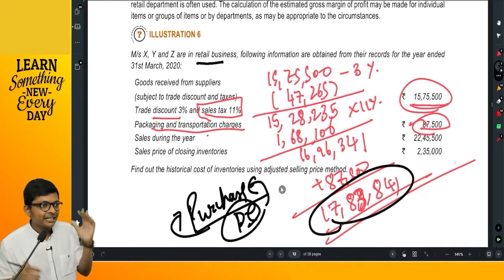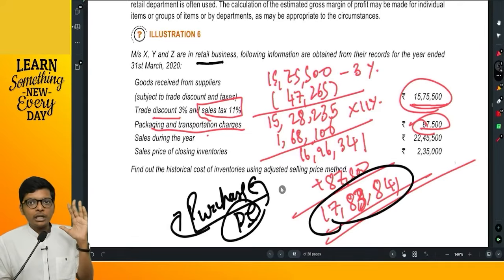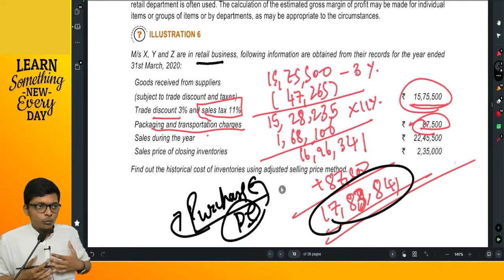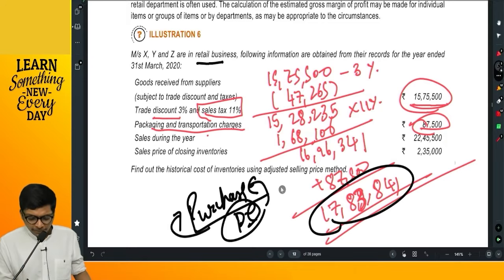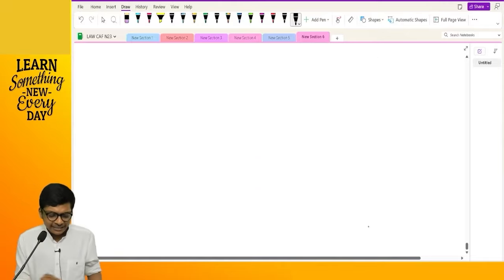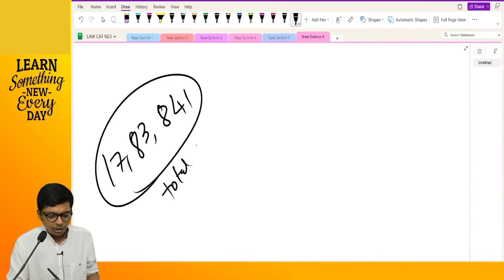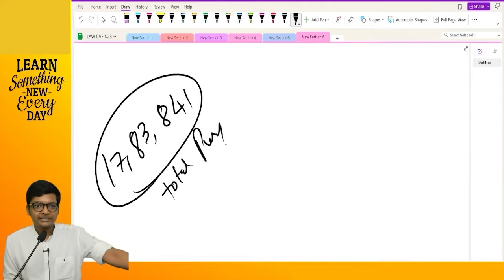My total cost, anybody wants me to repeat? Feel free to ask. Dilli Babu, clear? So what I purchased is 17 lakh 83,000. This is my total purchase.